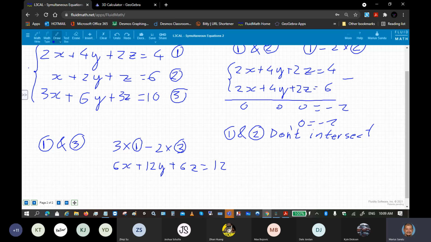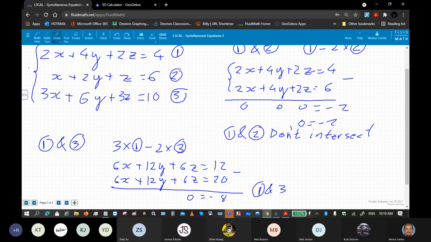And the third one times 2 is 6x plus 12y plus 6z is equal to 2 times 10, which is 20. And now if I subtract them, I've got 0 equals 12 minus 20, negative 8. So 1 and 3 also don't intersect.